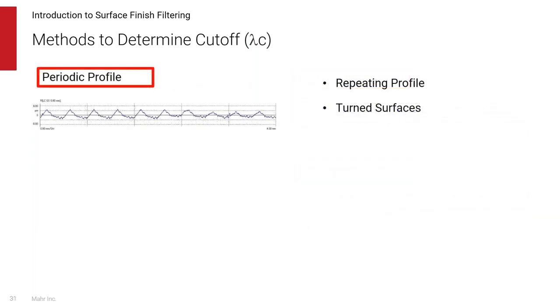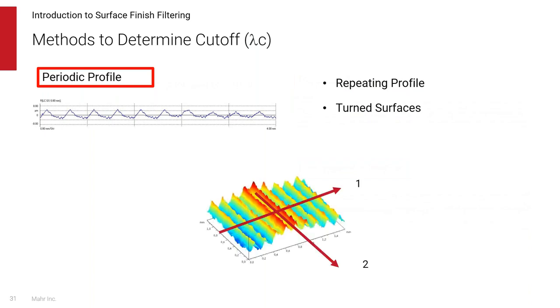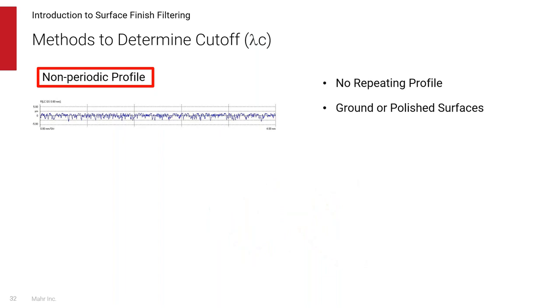So here's again that periodic profile. It's a repeating profile, turned surfaces. There's a distinct direction of the cutting tool, for example, and you can trace over the high spots 90 degrees to the profile, and you can get a good roughness measurement. A non-periodic profile has no repeating profile to it.